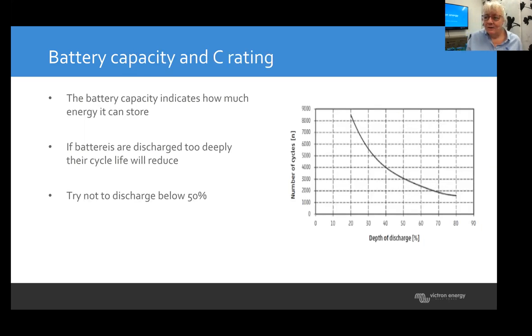Then the other thing that all batteries have, and mainly lead acid batteries, is battery capacity. I forgot to explain battery capacity, but I assume everyone knows this. A battery has a certain capacity. Let's say the one I've got here is a 220 amp hour battery.